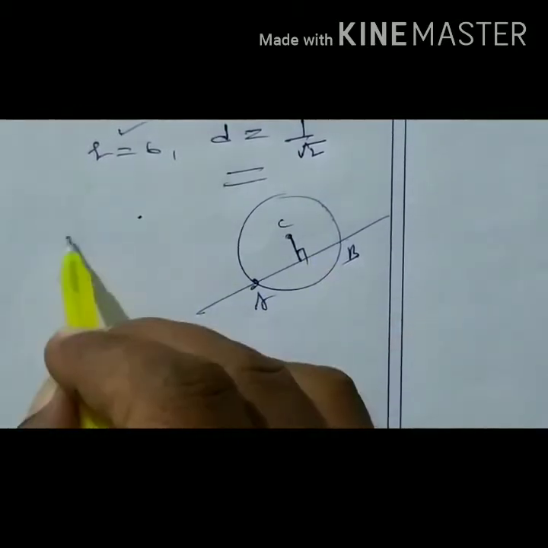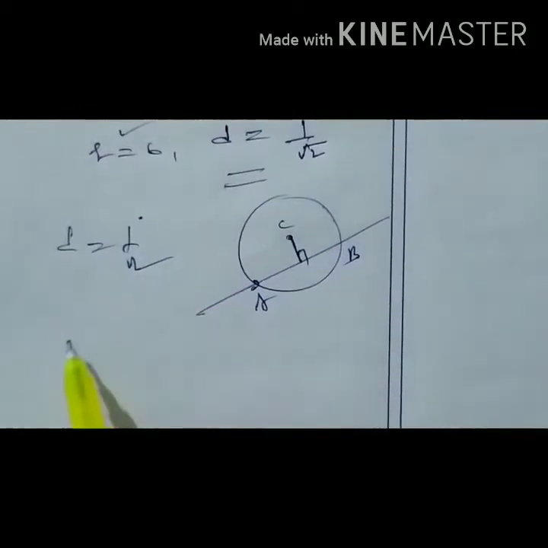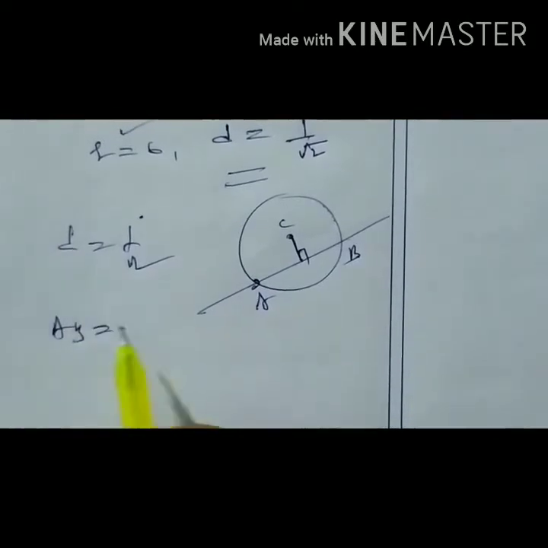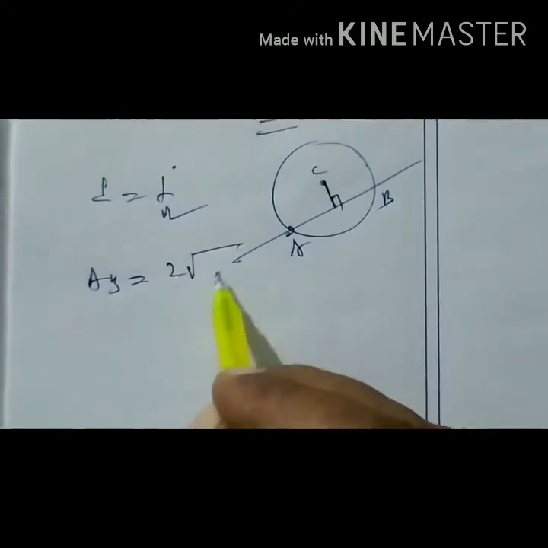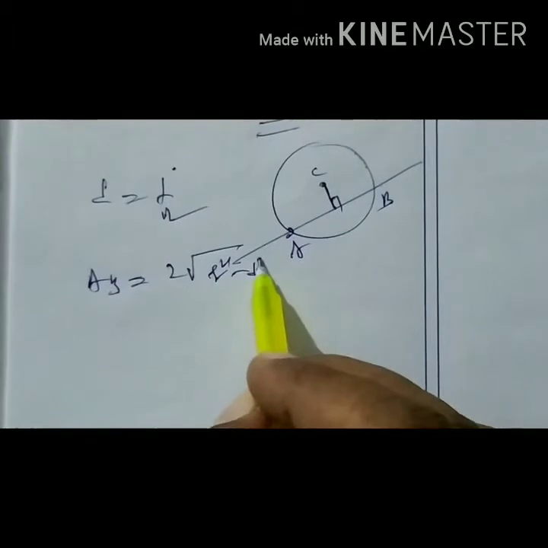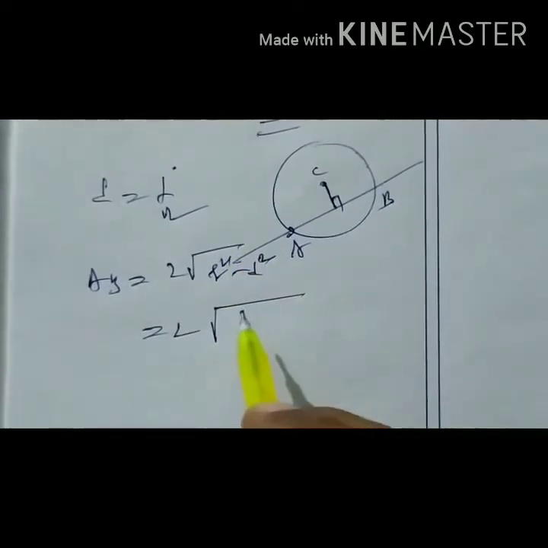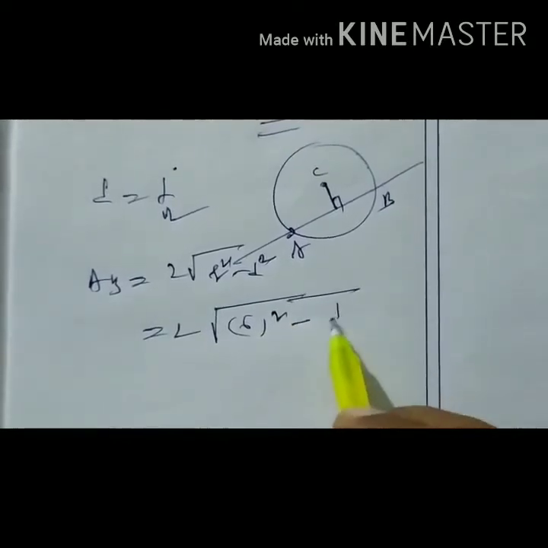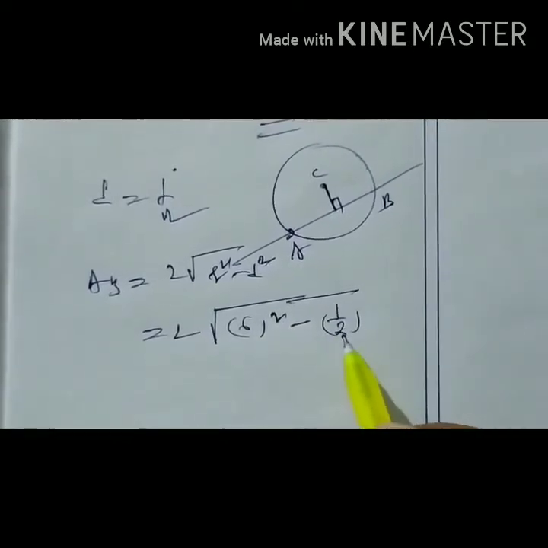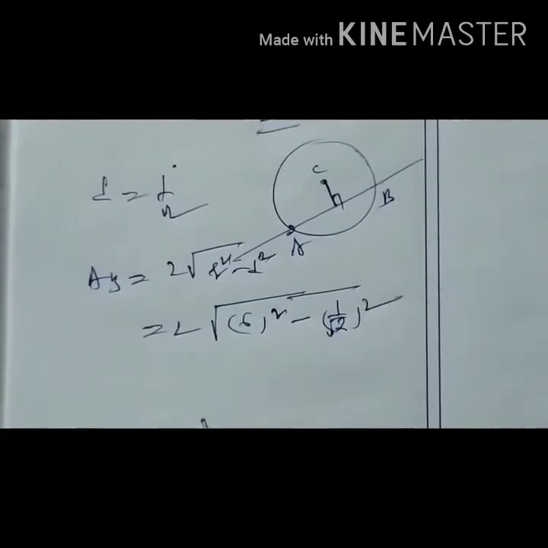The perpendicular distance d is already 1 by root 2. We know the length of the chord AB is equal to 2 into root over r square minus d square.